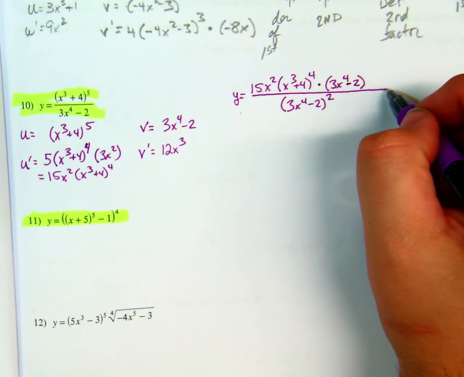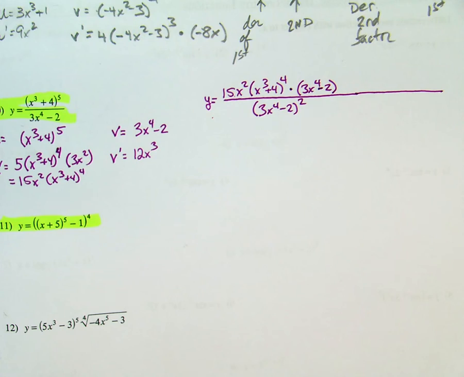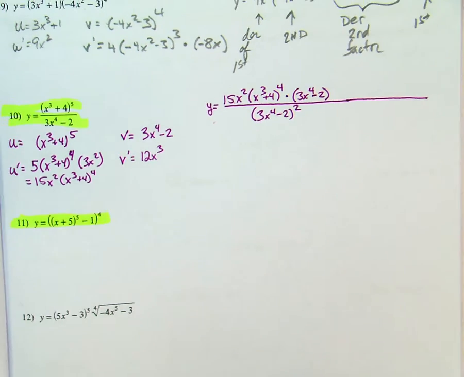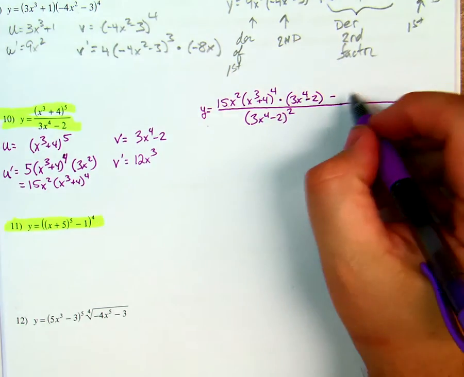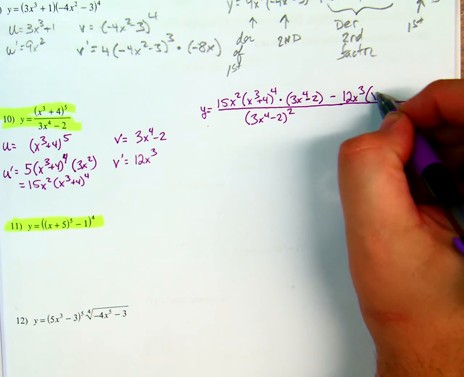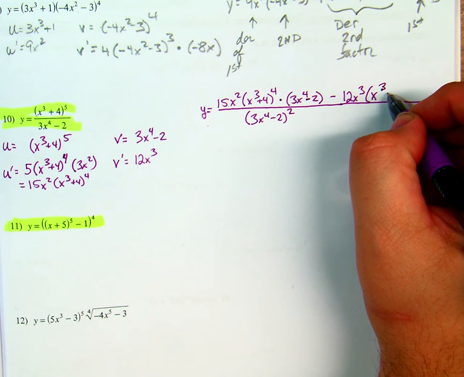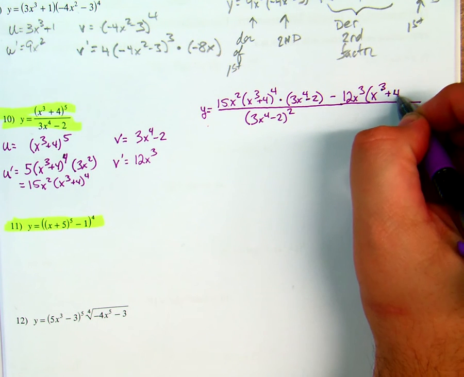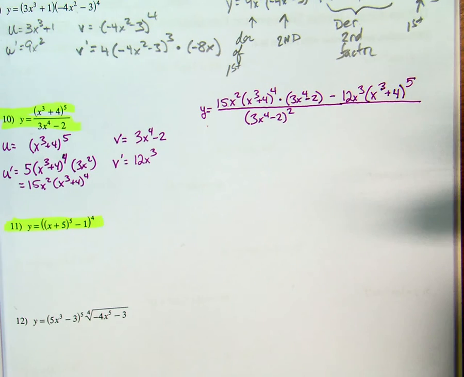Oy vey. Minus the derivative of the bottom, which is 12x cubed, times the top, which is x to the 3rd plus 4 to the 5th.